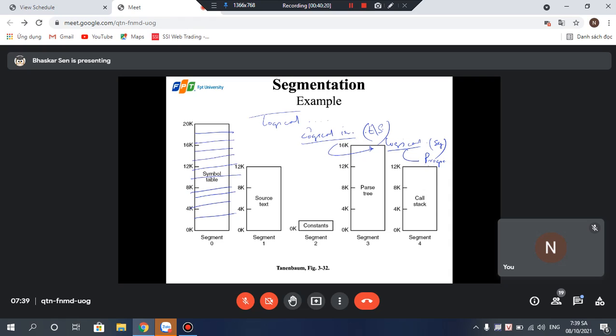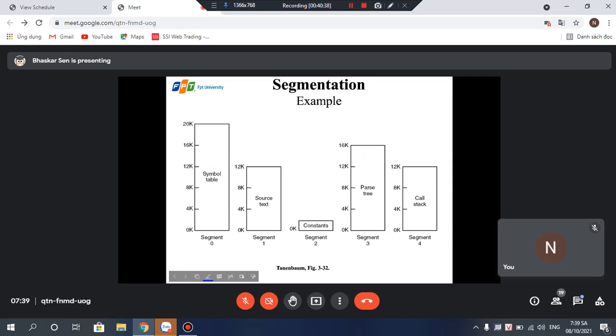Here we are talking about pure segmentation, and afterwards we'll talk about segmentation with paging. That too is very interesting. Now the important point here is how will you refer to an address?